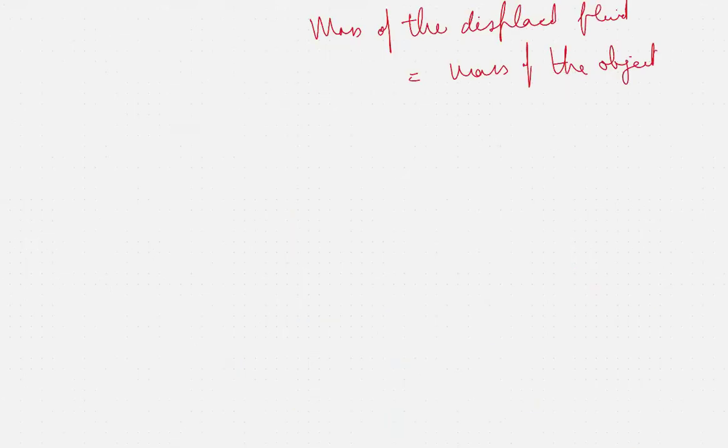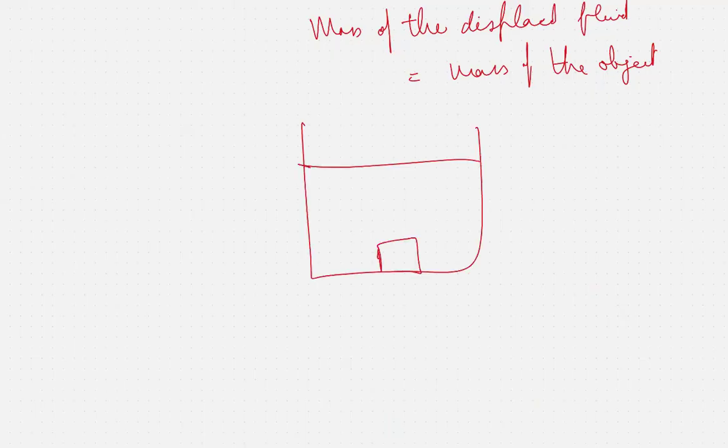You have to understand, if the object sinks, the displaced liquid mass, let me draw it again, if the object sinks here, the displaced liquid, because it was originally somewhere here, has gone up a bit, that liquid mass is less than the mass of the object.